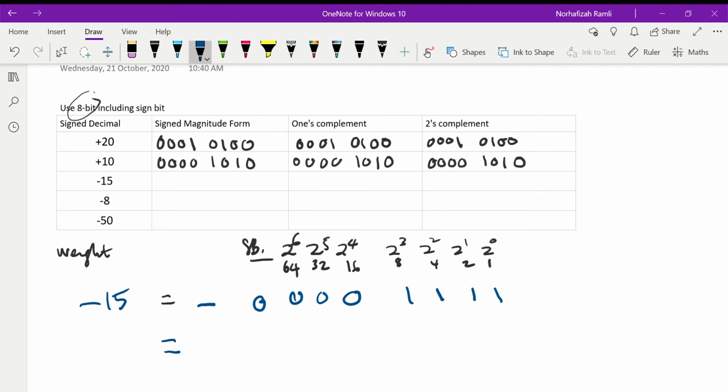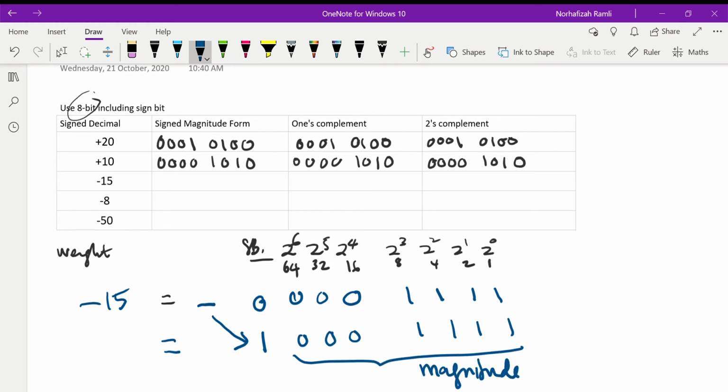If you want to convert into sign magnitude form, simply you don't use the sign anymore, just replace the sign with 1 and the rest remains, because basically these are the magnitude. So you have 1, 0, 0, 0, 1, 1, 1, 1.